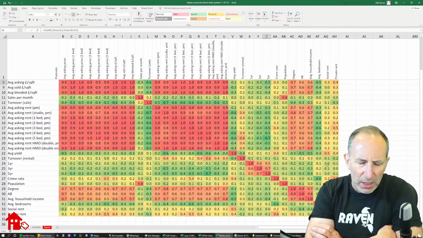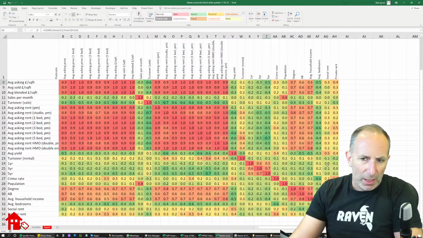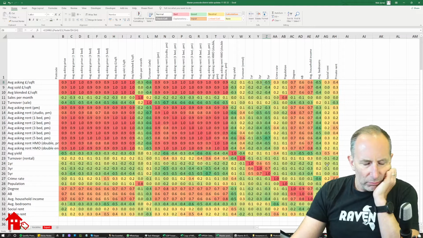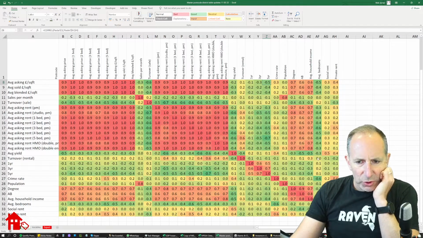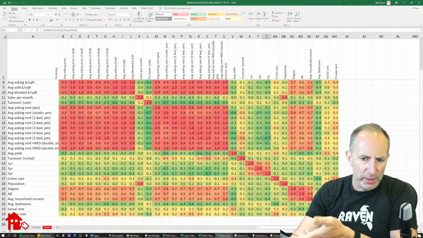So what it means is that the more expensive the area, the less capital growth you're going to see. And that's important because a lot of people say, well, surely expensive areas are going to grow the most. Well, that's just not true at all. And that's what I see from my experience and also what this data is telling us.